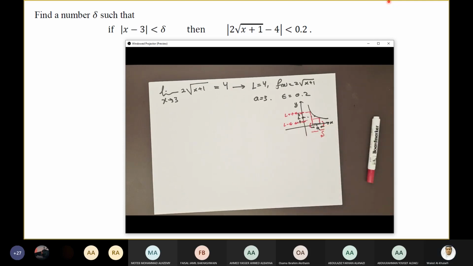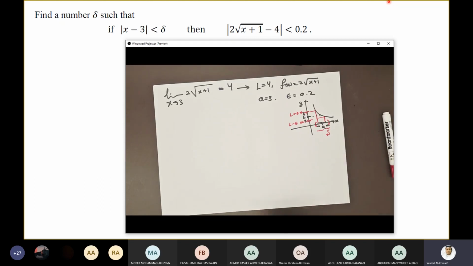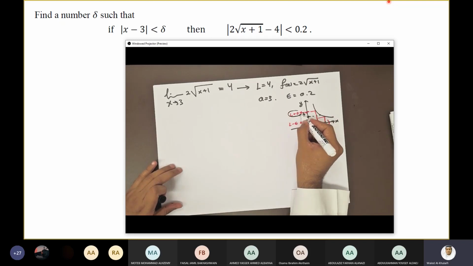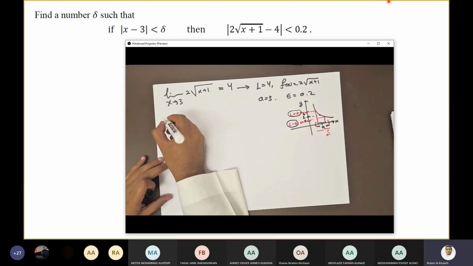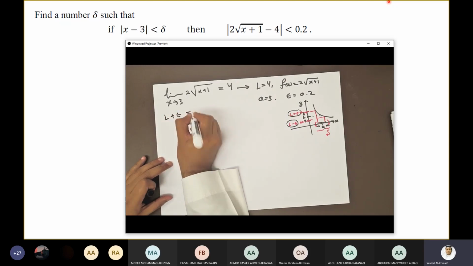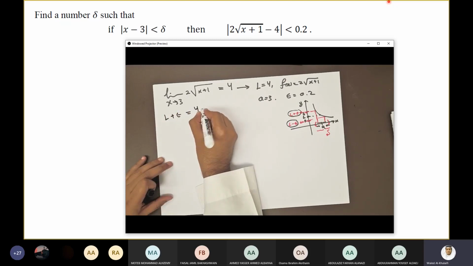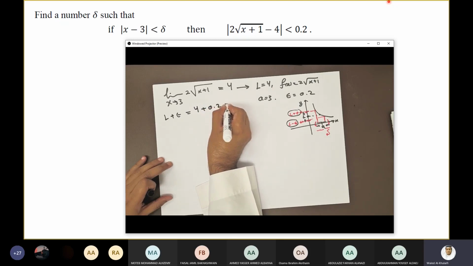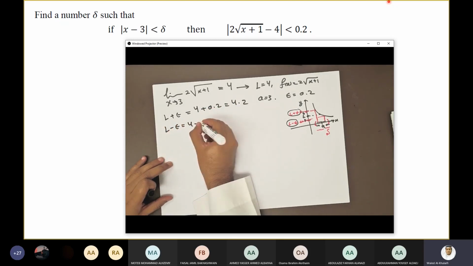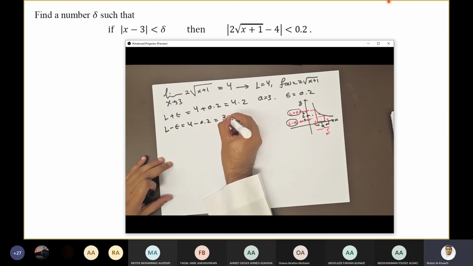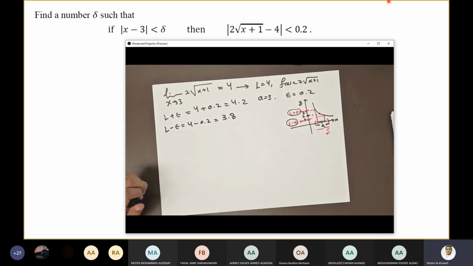In order to win this challenge, I have to know first these guys here. So what is L plus epsilon, which is 4 plus 0.2, which is 4.2. L minus epsilon is 4 minus 0.2, so it means 3.8, right?